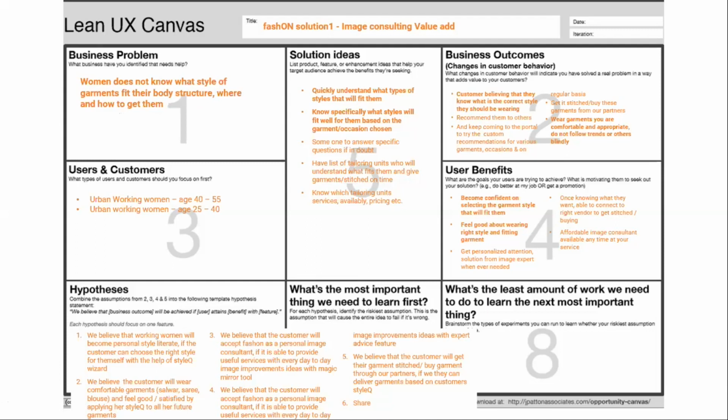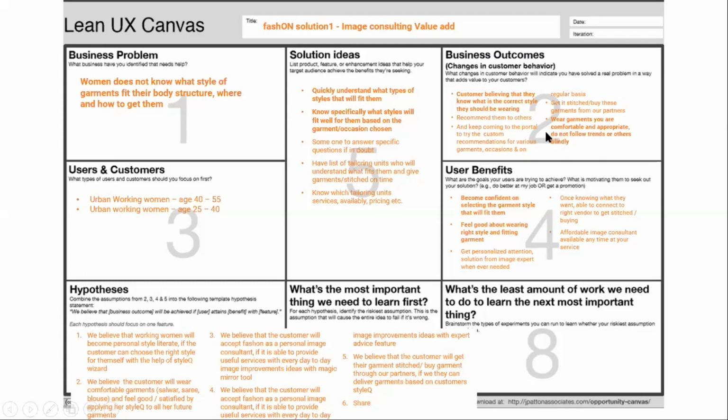Now, like we said, we are going to go in sequence. The next one is number 2. Here, what we have to do is ask what the business outcome is. Change in customer behavior is needed. What change in customer behavior will indicate you have solved a real problem in a way that adds value to your customers?